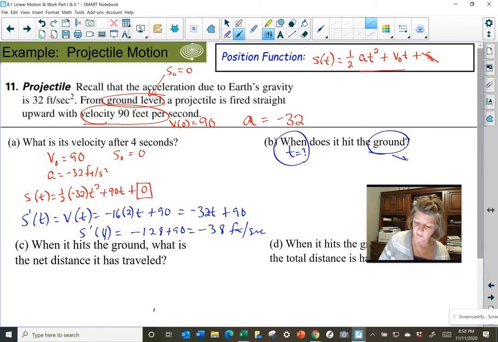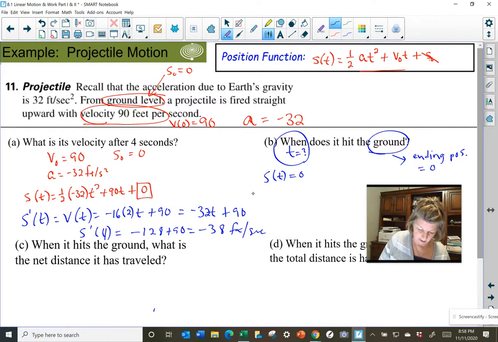Ground tells me that the ending position equals 0. So now I can take the position function, S of t, and set it equal to 0. And S of t I've got written over there on the other side.